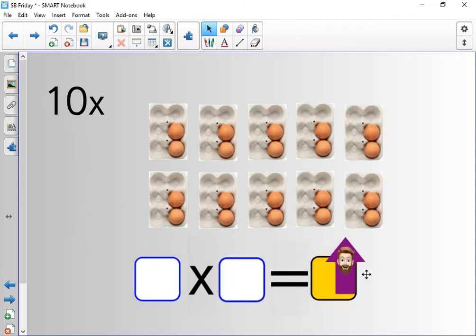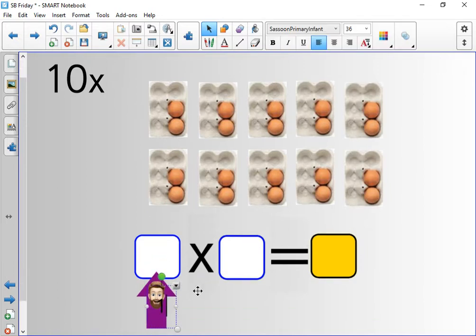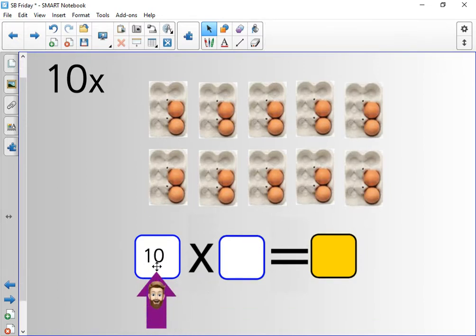Now here, my egg boxes are the groups, and I've got 10 egg boxes. How many eggs are in each group? There are 2. How many altogether? Work it out for me.